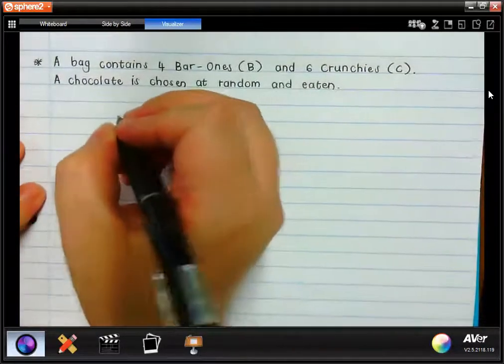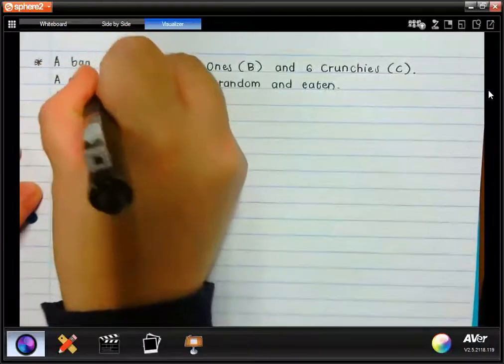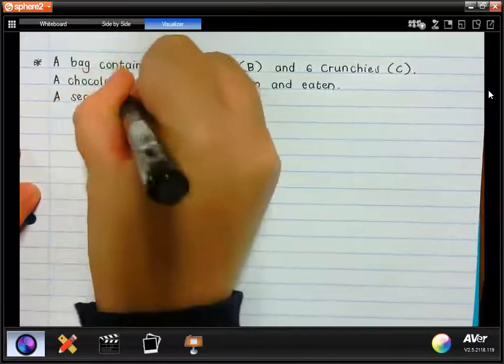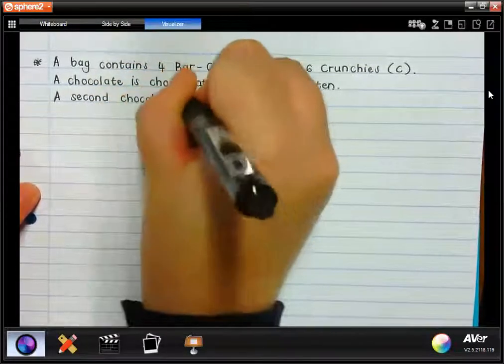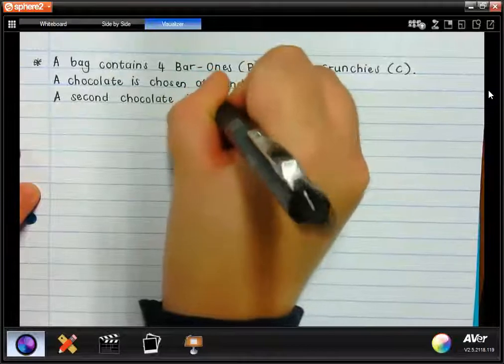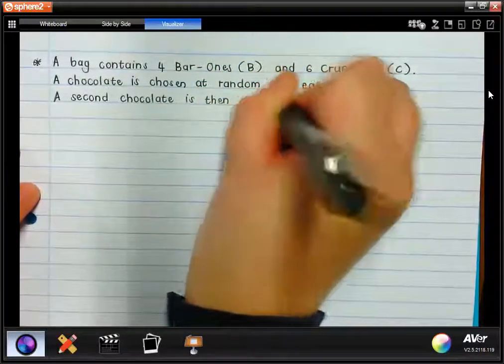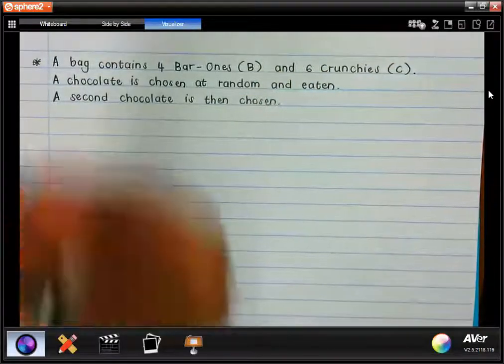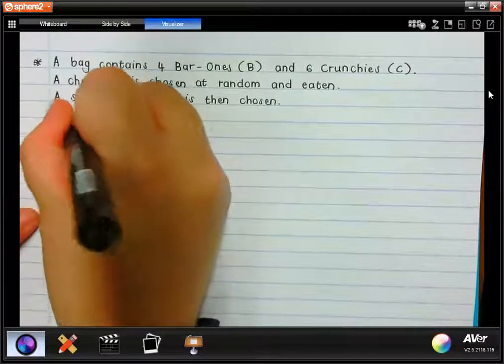A second chocolate is then chosen. Okay, question 1. Draw a tree diagram of this scenario.